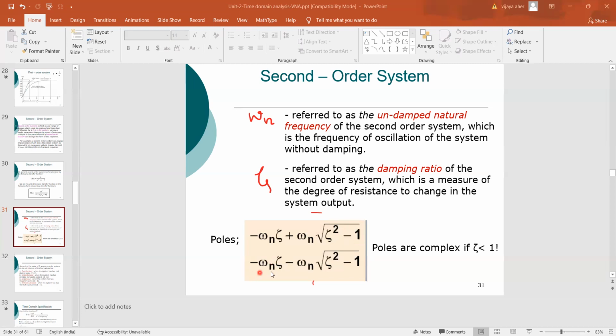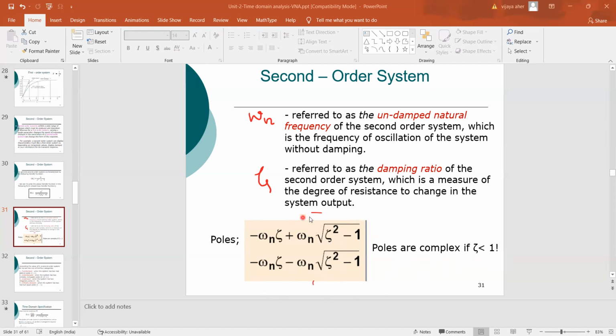Second pole is minus omega n zeta minus omega n under root zeta square minus 1. So these are the poles. Poles are complex if zeta is greater than 1. Yes, I agree with this. If zeta is greater than 1, poles are complex in nature.